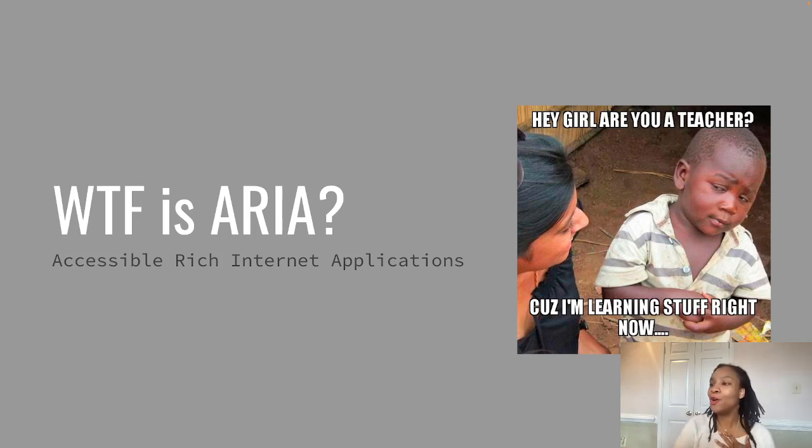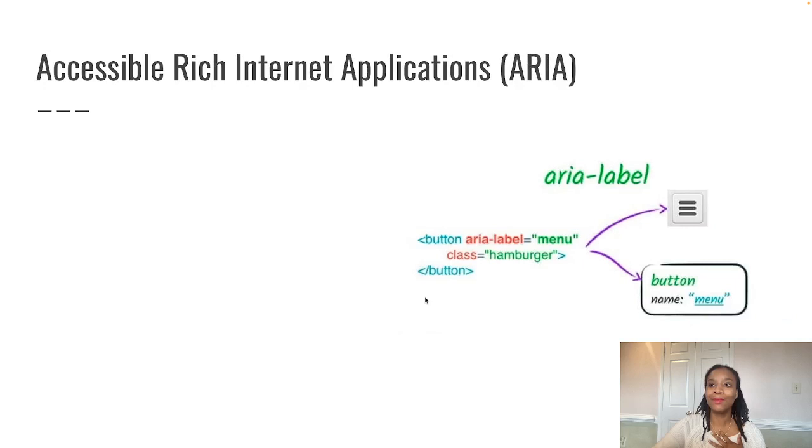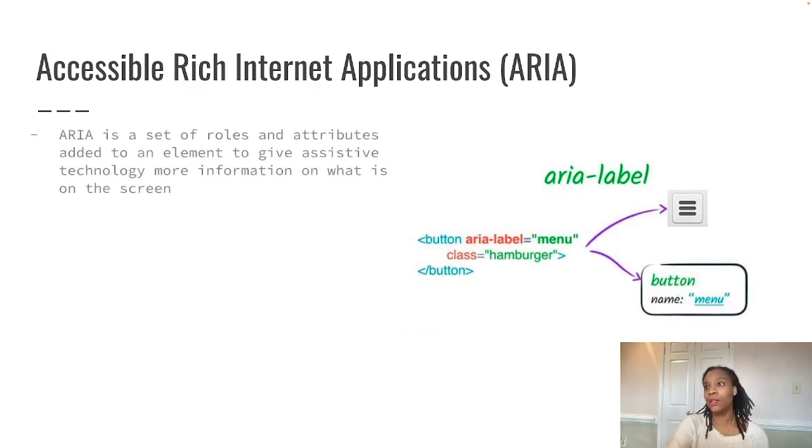Something to know about ARIA is we really don't want to use ARIA in general because HTML does typically have what we need. If you stick to semantic HTML and use all of the little tags that they have, those are more than enough for us to understand what's going on our page. But sometimes we need a little bit of extra.